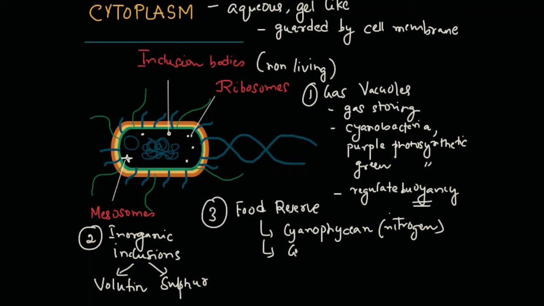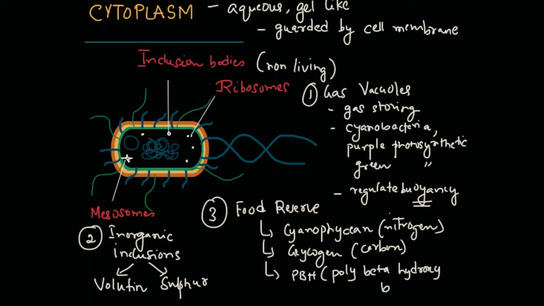Glycogen granules, which are carbon storage, and PBH granules, that is poly beta hydroxy butyrate granules. So, just to summarize, inclusion bodies are categorized into three major groups.